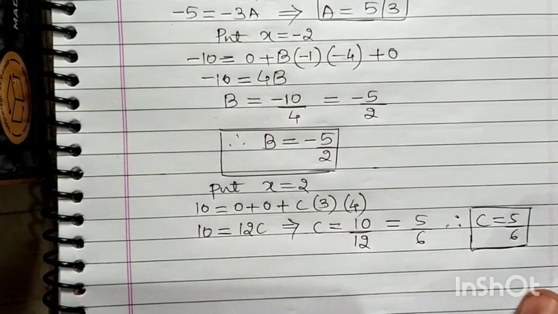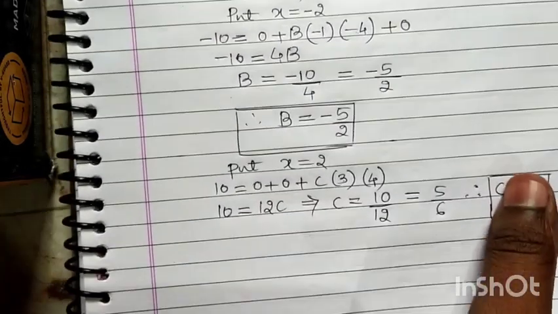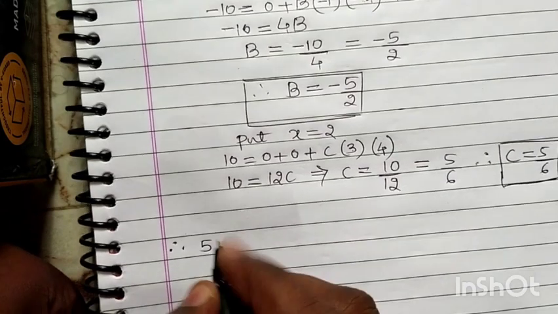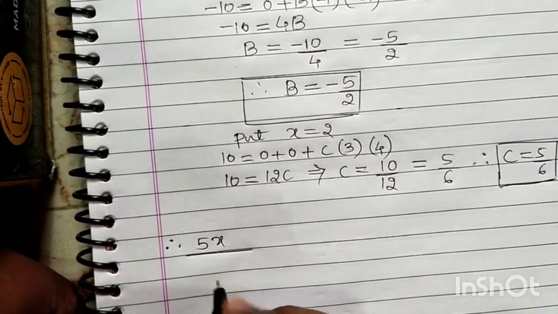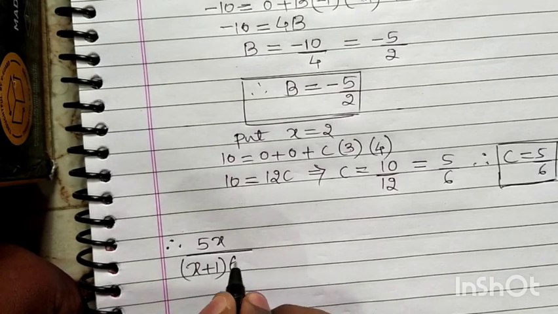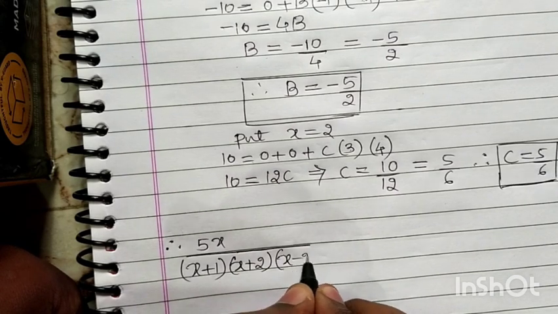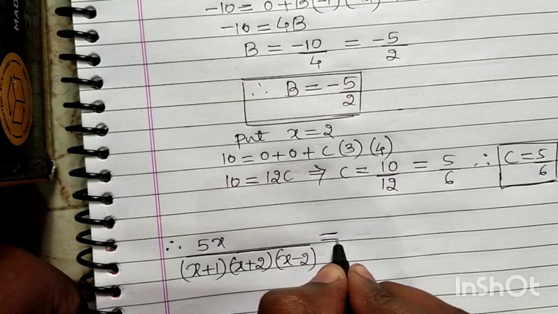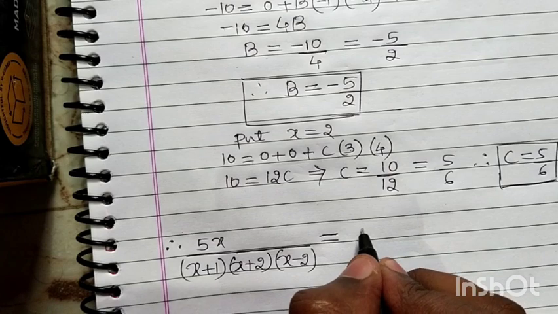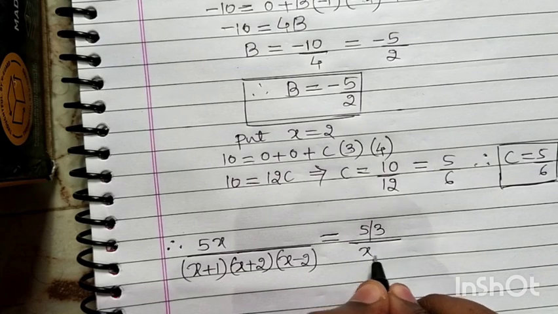Now we have to substitute the A, B, C values in this particular equation. Therefore 5x divided by (x plus 1)(x plus 2)(x minus 2) is equal to, the value of A is 5 by 3, so 5 by 3 divided by x plus 1.